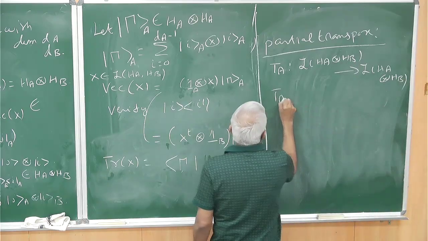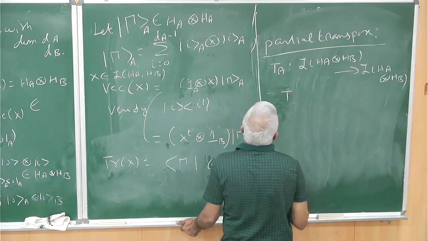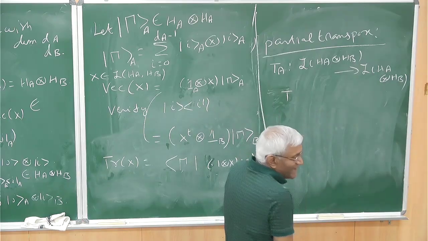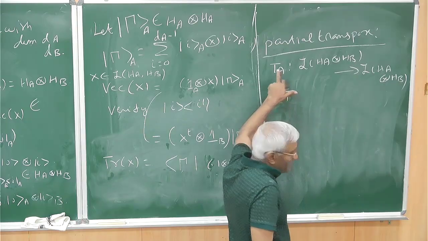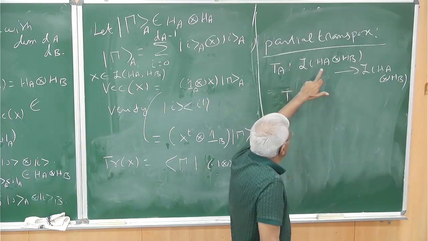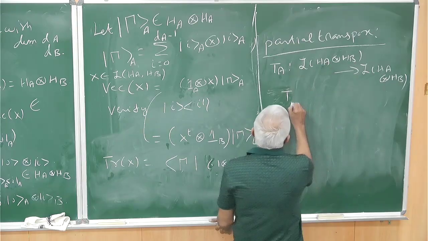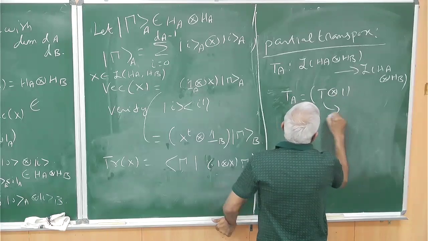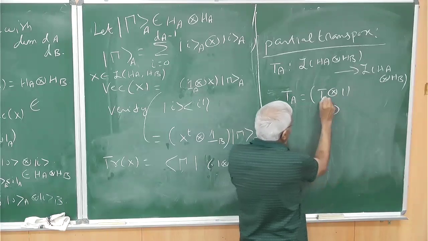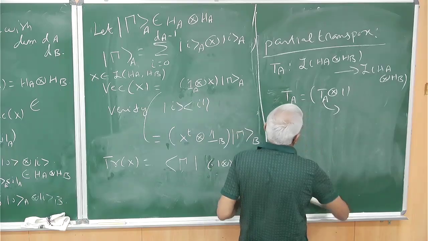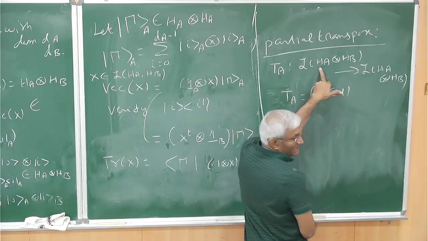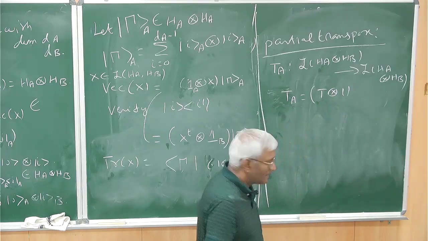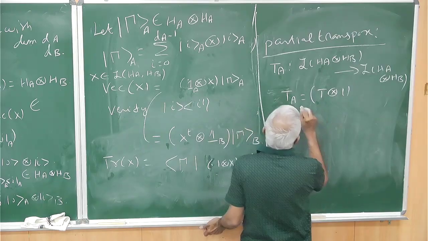TA is equal to T tensor 1, where T is the transpose map. This is the transpose in HA, in L of HA. And you just take the transpose in one of them. That's all.